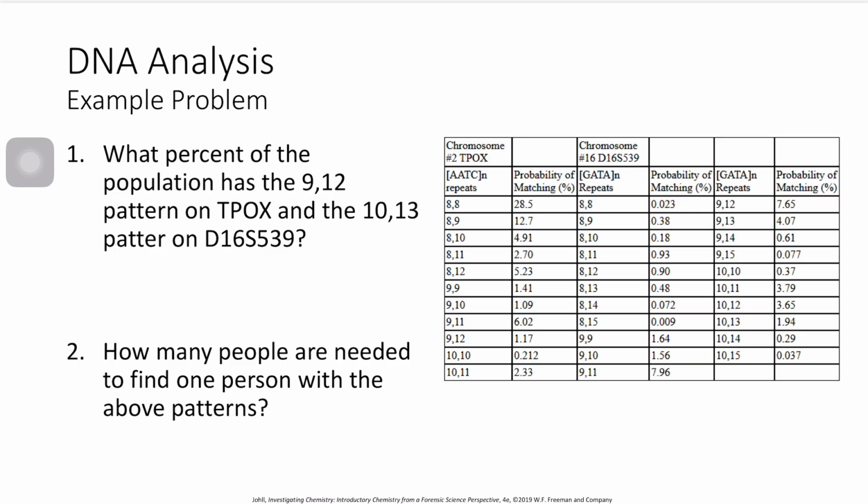If I'm dealing with the 9-12 pattern on TPOX, I'm going to go to the 9-12 and it has a 1.17 probability. So I'm going to take that 1.17%. Remember, percent generally means per 100. And I'm going to multiply that by the 10-13. I need to go find the 10-13, which is 1.94.